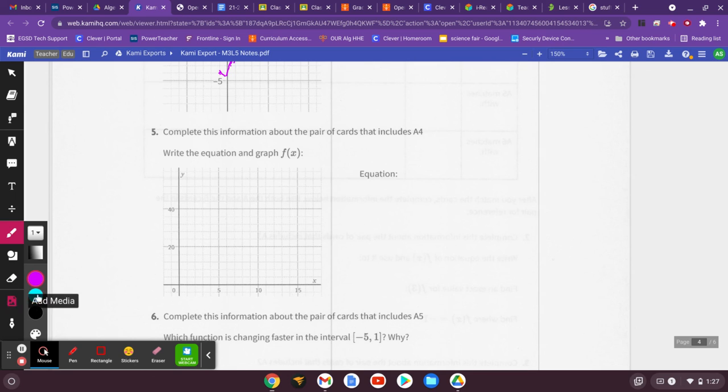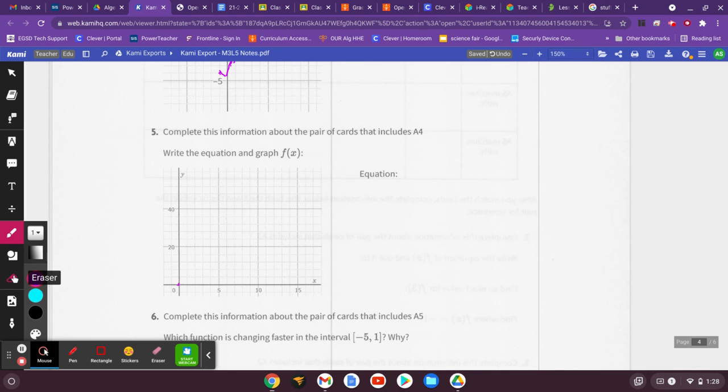So graphing this one, let's see. We have a point here, and it said at 15, it was at 45. So let's see, what are we counting by? 2, 4, 6, 8, 10. So we're counting by 4s. So that'd be 44. So 45 would be just about right here.